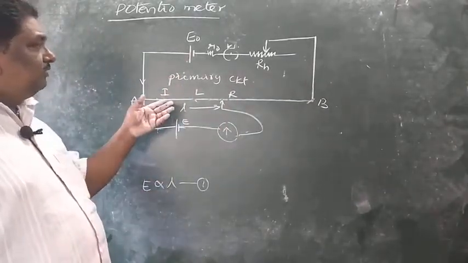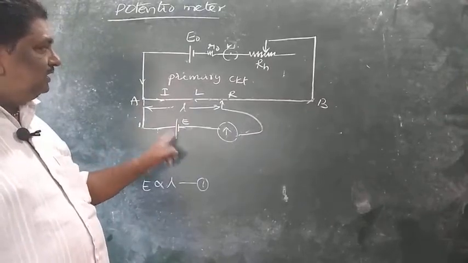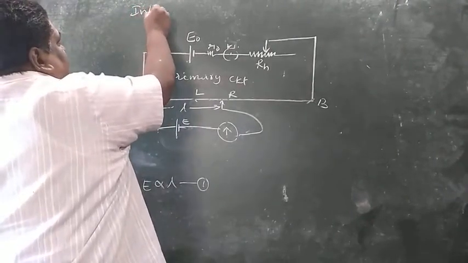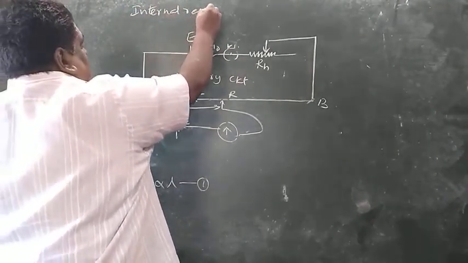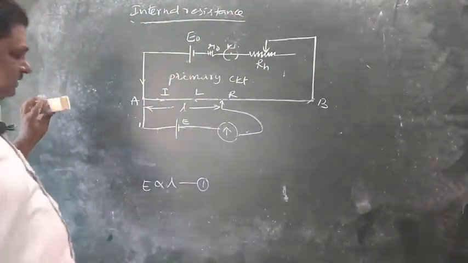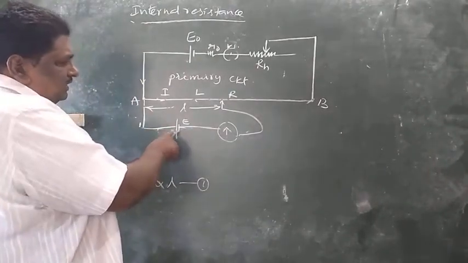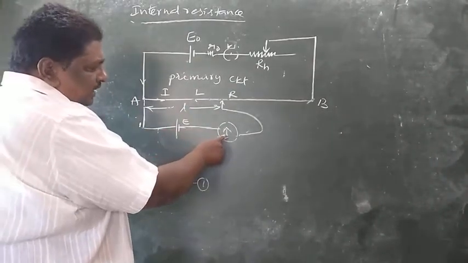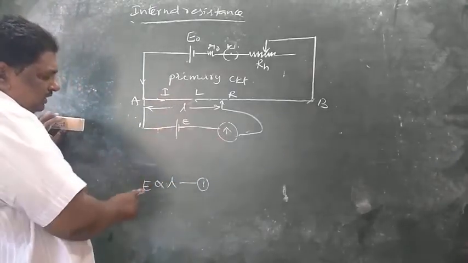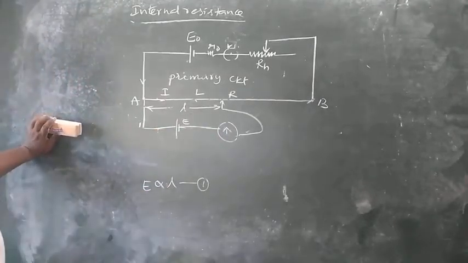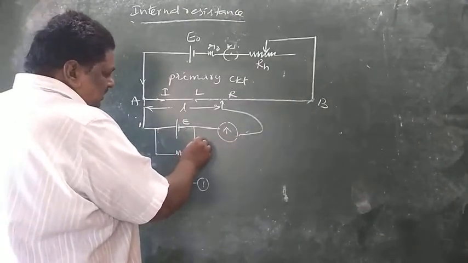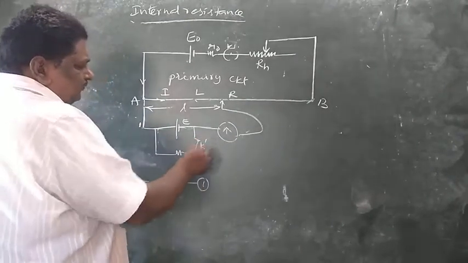Now our aim is finding internal resistance. First one cell is connected, and the balance length is calculated when the galvanometer shows 0 reading. That length is noted as L. So this EMF is proportional to the balance length. Now one external resistor is connected and the switch is closed.